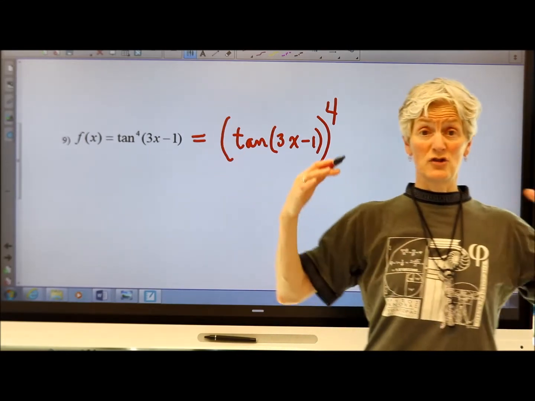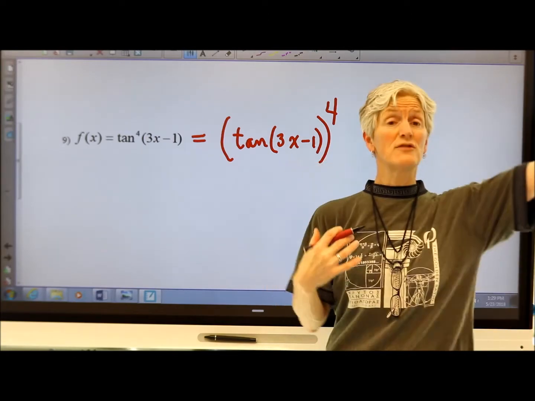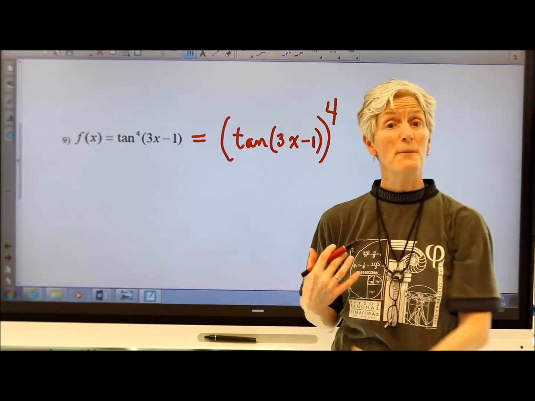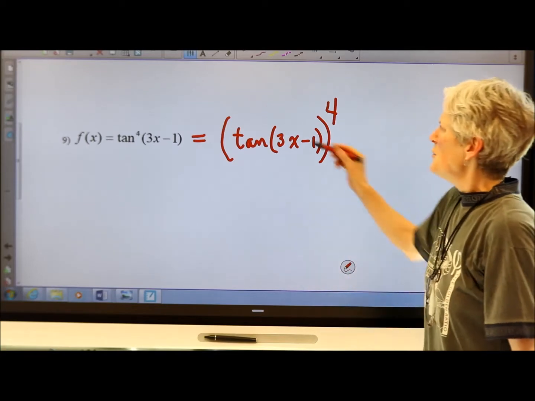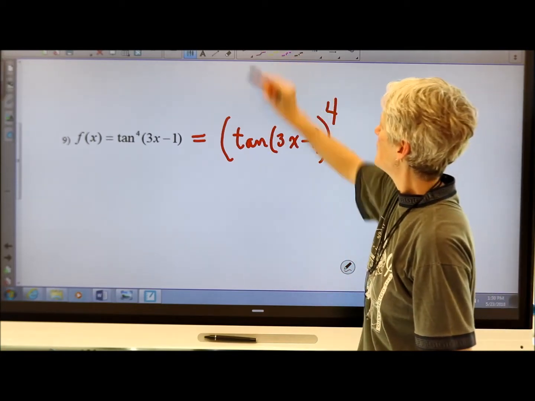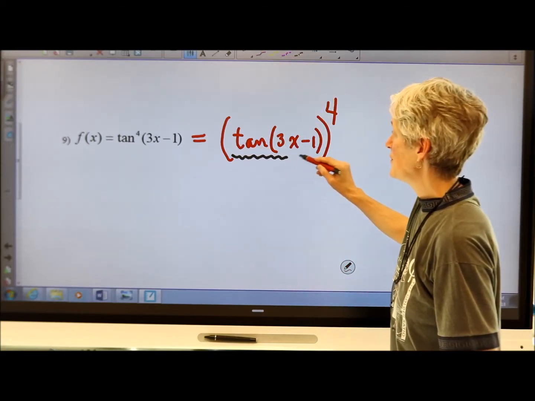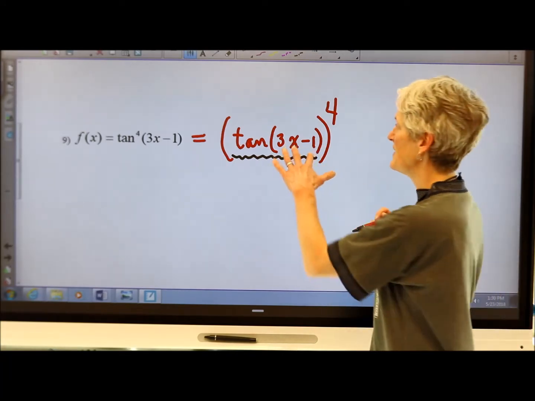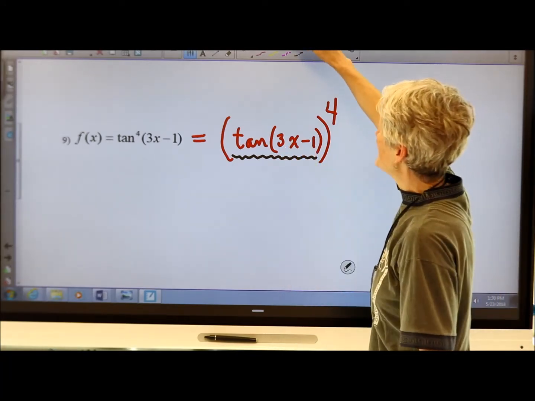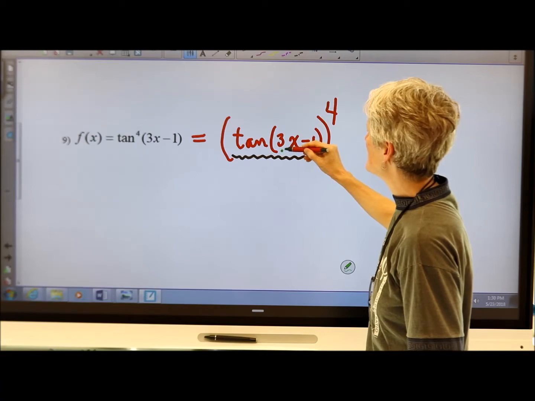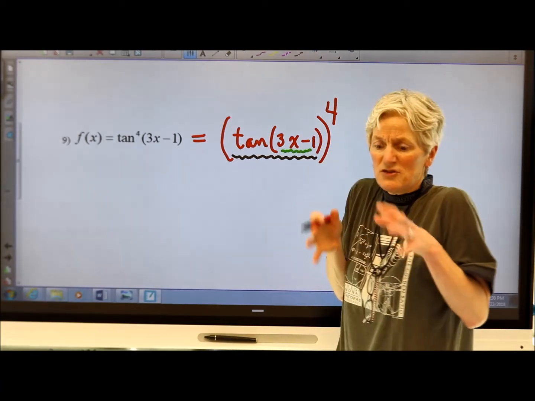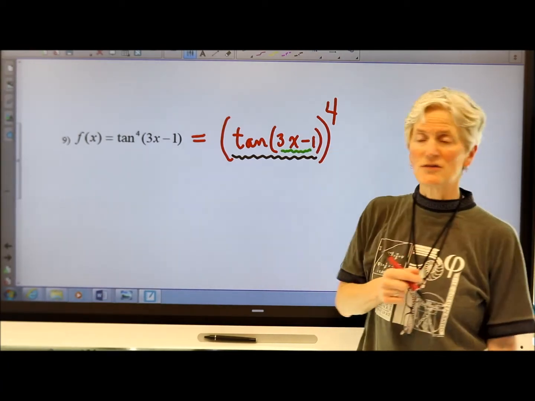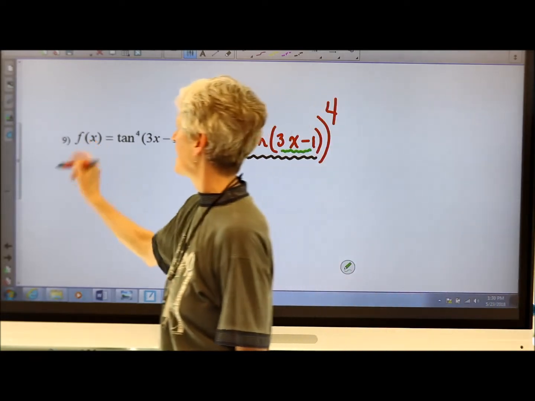My outside function is a power of something raised to the 4th. So I'm going to start by doing a power rule. But there's an inside here, right? So chain rule is going to kick in times the derivative of the inside. But that inside has an inside. So it's going to be a chain with a couple of links.